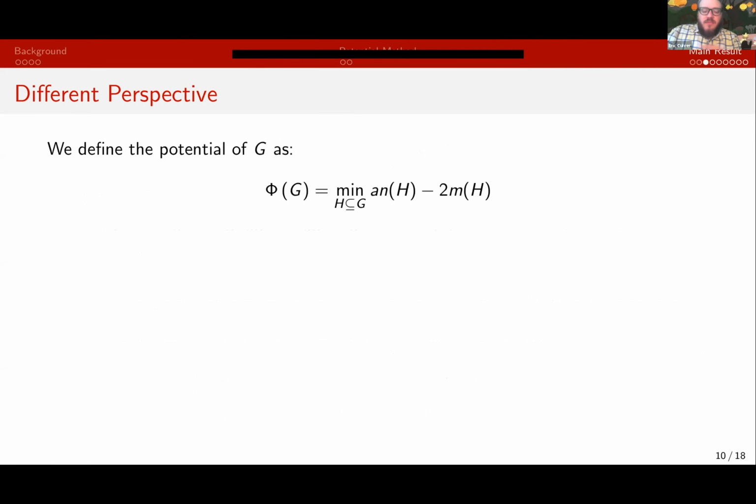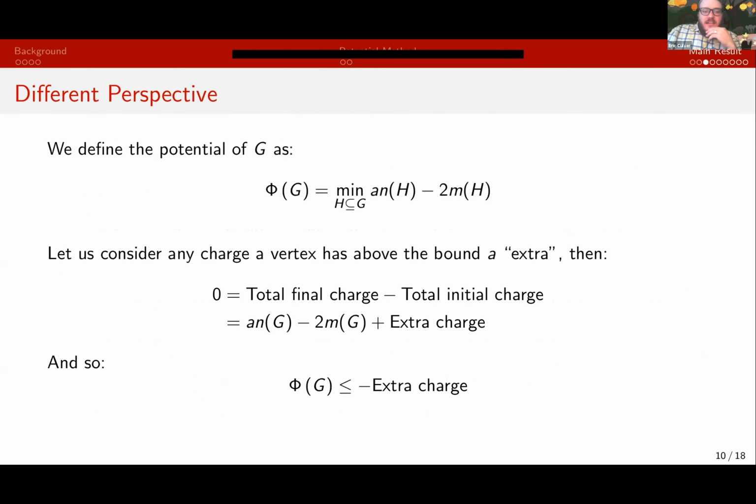So if defining the potential again like this, we get that the total final charge is this A times the number of vertices plus some extra charge. Some vertices may have more than A charge on them.